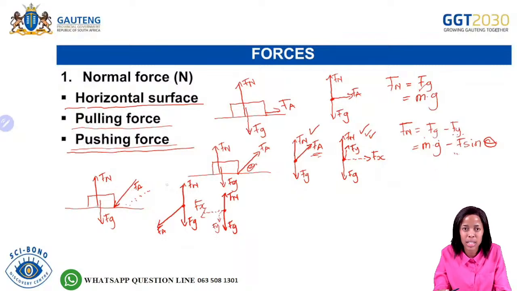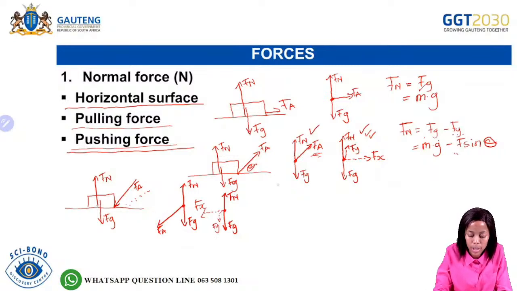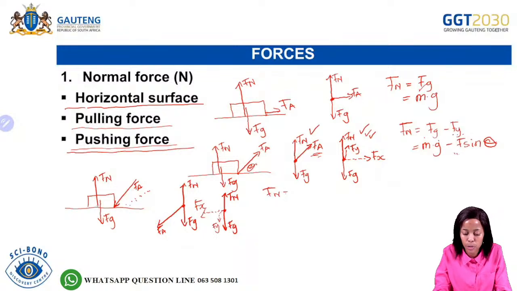Okay. And then how would we then calculate the formula of the pushing force? So our formula will then be Fn is equals to Fg plus Fy. So our Fg, when we break it down, it will then become our Mg plus F sine theta.